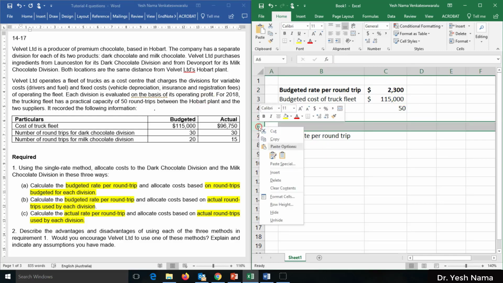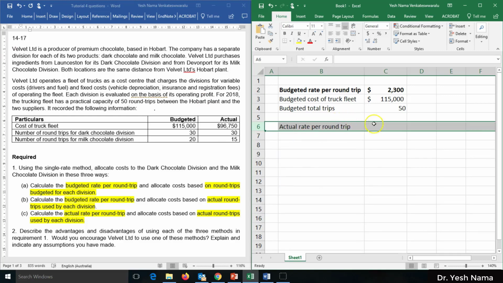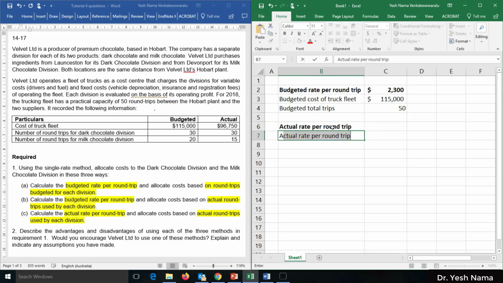Now let's do the same for the actual rate per round trip. Here we need the actual cost of truck fleet, which is 96,750, and actual total trips, which is 30 for dark chocolate plus 15 for milk chocolate, 45 in total.